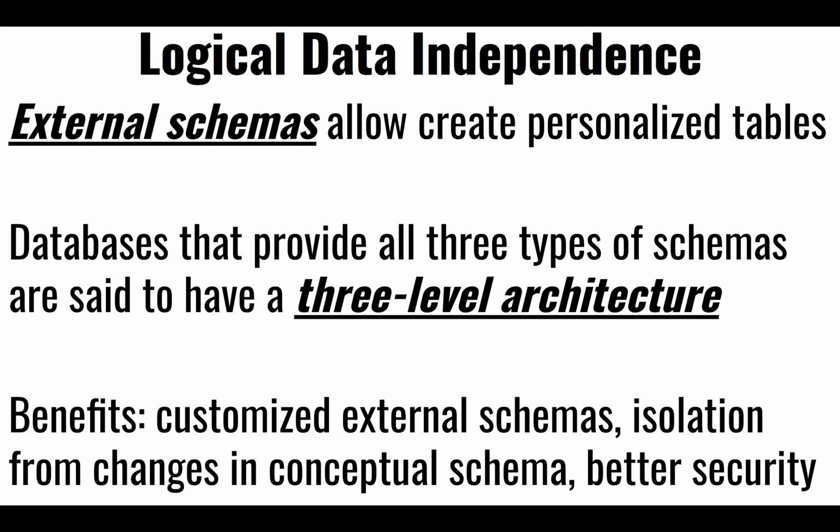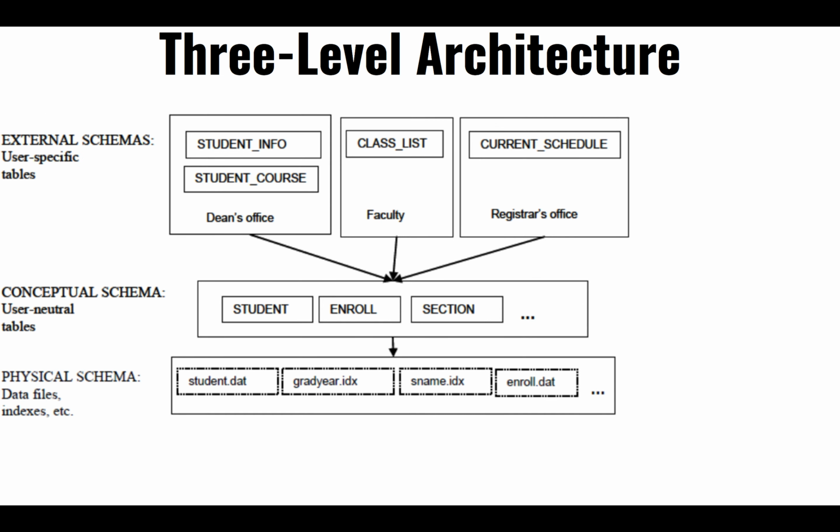And so they provide a third-level architecture that allows us to interact with the data in different ways. You have the physical schema, where you have the actual file system that might hold the actual data plus all sorts of indices to optimize specific queries. You have the conceptual representation of the various tables into which we've normalized our data.